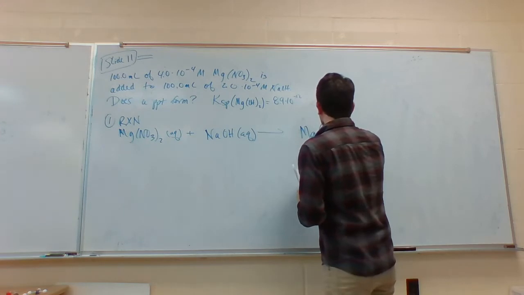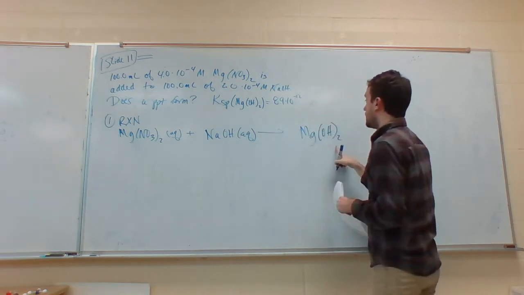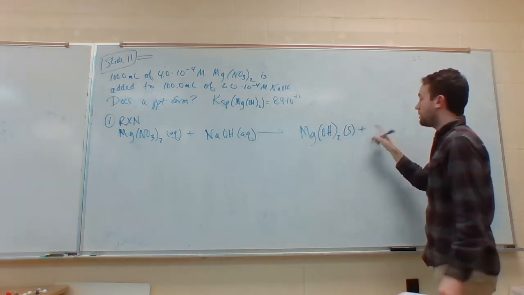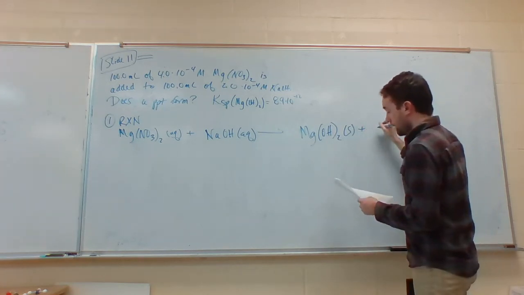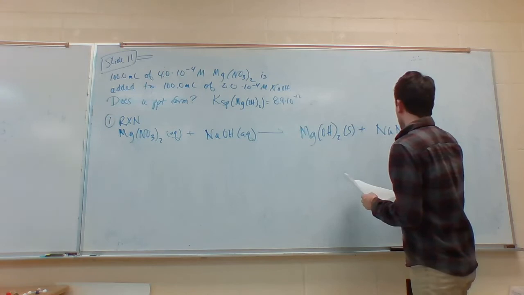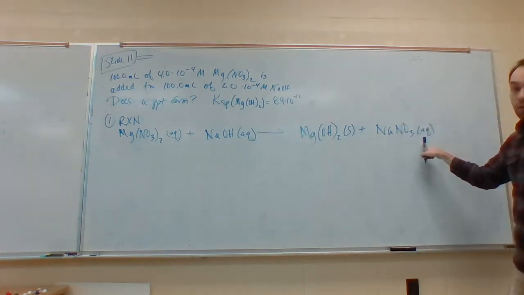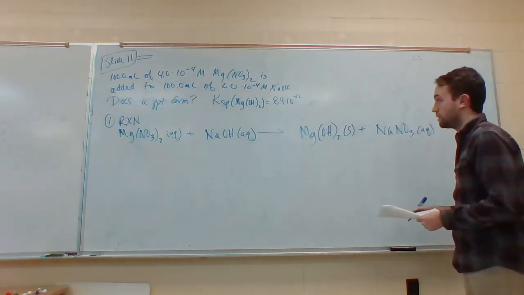Magnesium hydroxide, Mg(OH)2, will be a solid. And then we will also have our sodium nitrate. All nitrate salts are soluble, so that will get an aqueous designation.